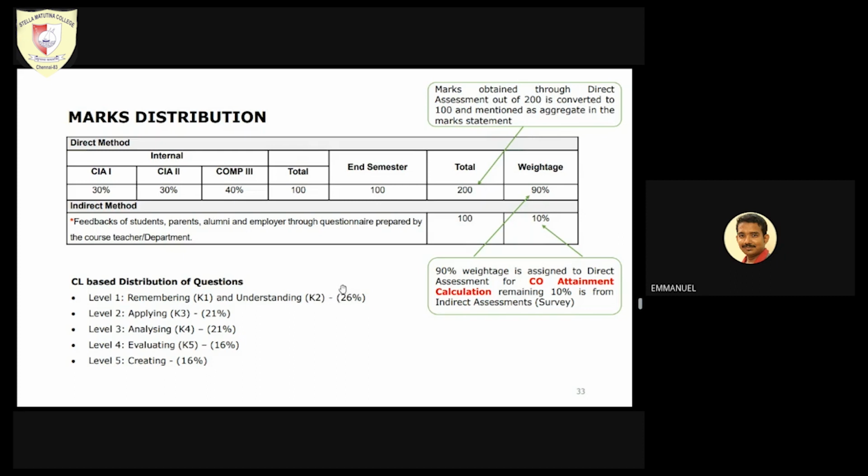This much percentage weightage is given for a particular question paper under each level. Similarly, 21 percentage for level 2 and level 3, that is CO2 and CO3. Similarly, 16 percentage for CO4 and 16 percentage for CO5, the final creation level. And this is the mark distribution.